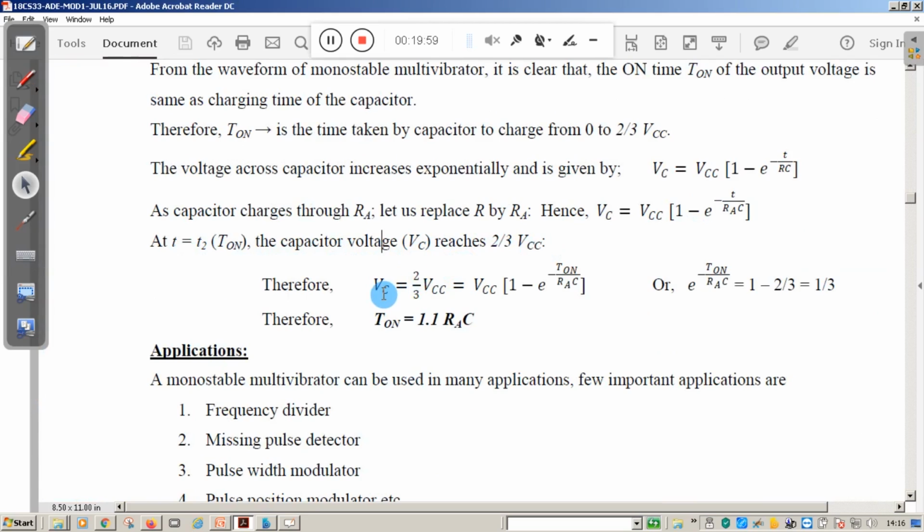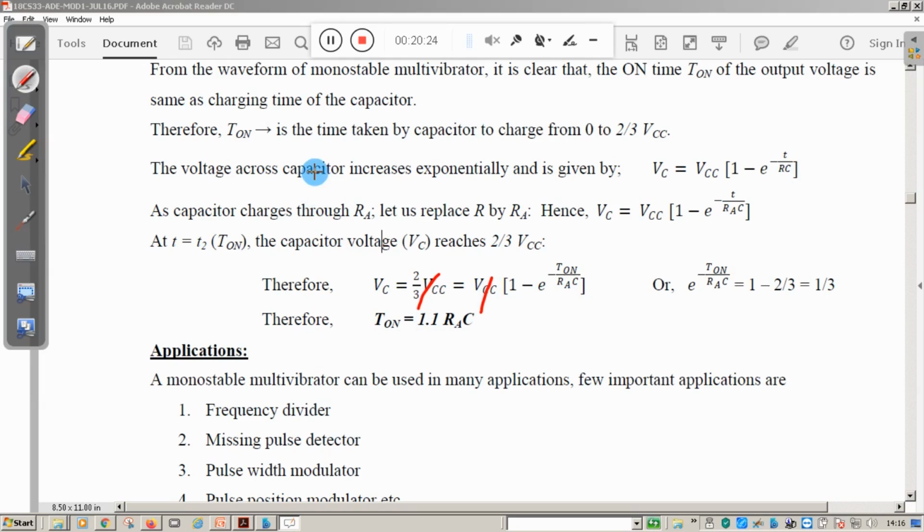That means Vc = 2/3 VCC. So 2/3 VCC = VCC(1 - e^(-T1/RaC)). Now this and this will get cancelled, and when you solve it, you will get the equation T1 = 1.1 Ra C.